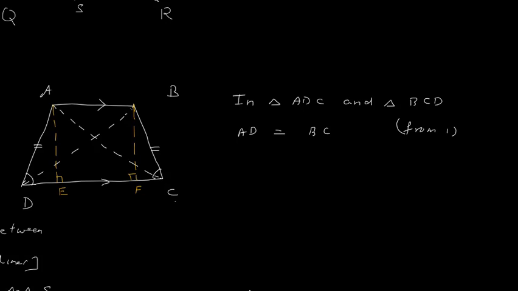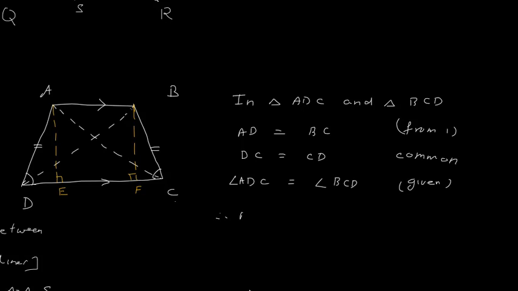Then you have DC is equal to CD. This is a common side. And thirdly, you have angle D, that is angle ADC, is equal to angle BCD. This is also given.